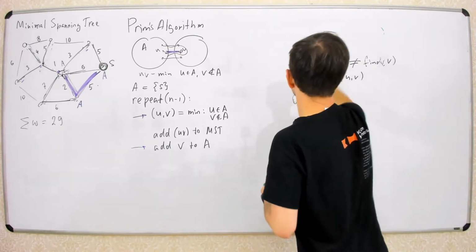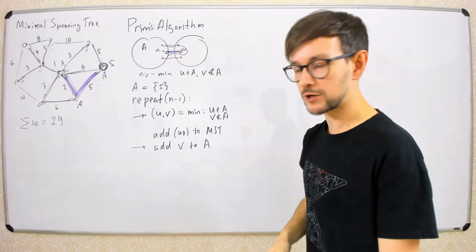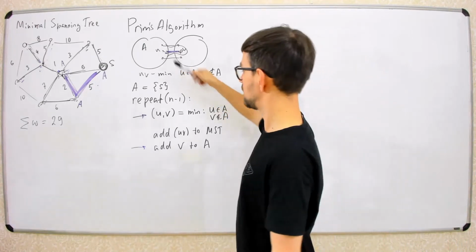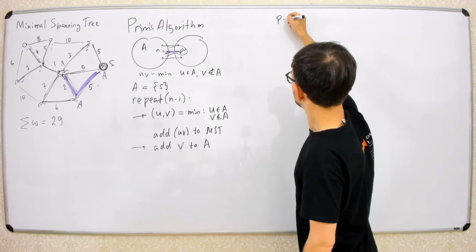Let me just do it here. So if we have a priority queue, we'll just put all the edges we need into this priority queue. First we have this priority queue.